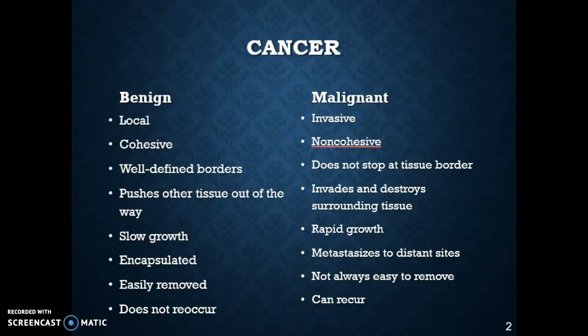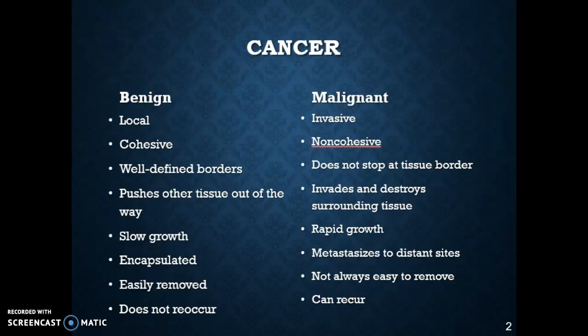Usually tumors that are local and in one spot are less likely to be malignant. If they're more invasive, growing from one area or one area of tissue into another structure in the body, then they're malignant.